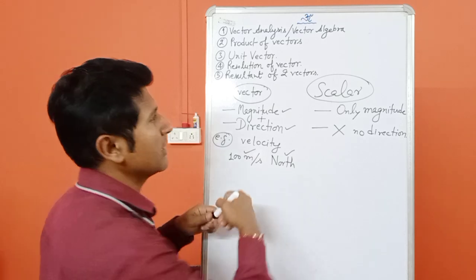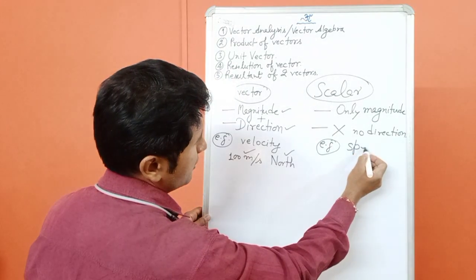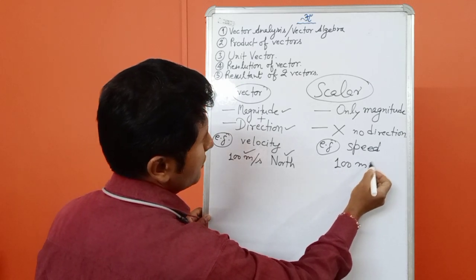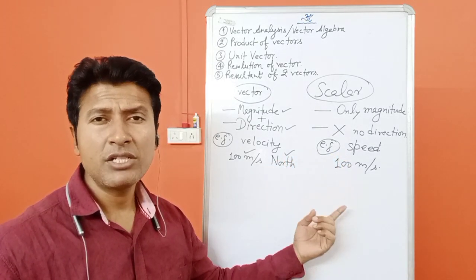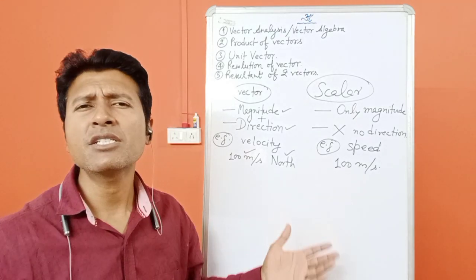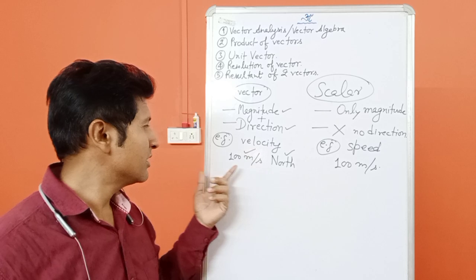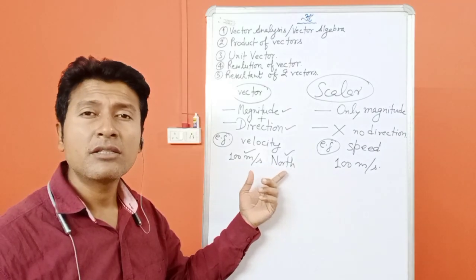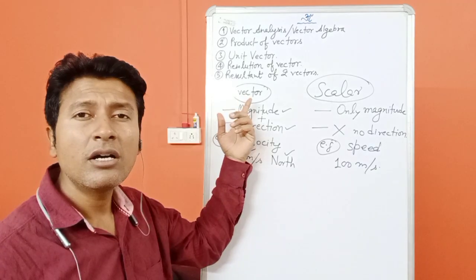But on the other hand, when we say just speed, 100 meter per second, the speed doesn't have any relationship with direction. 100 meter per second speed means it can be in any direction, we are least bothered about it, right? But when we say that the velocity is 100 meter per second north, now there is specifically the magnitude and the direction. That specifies your vector quantity.